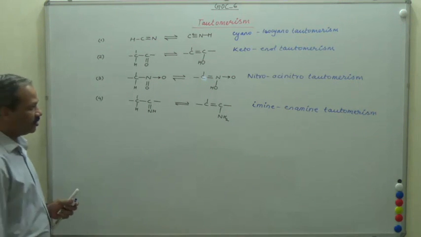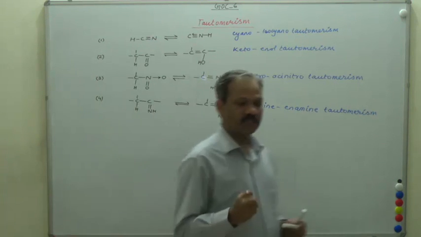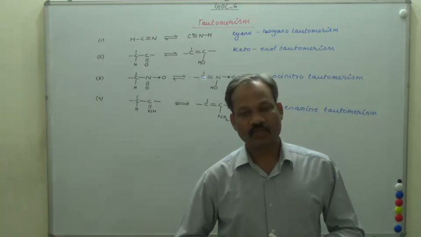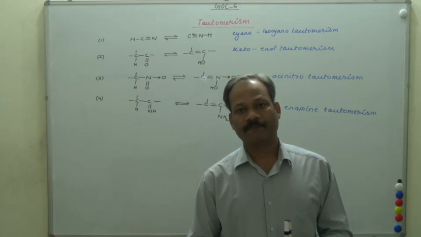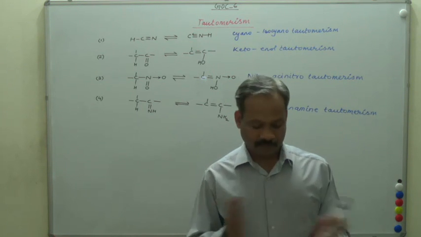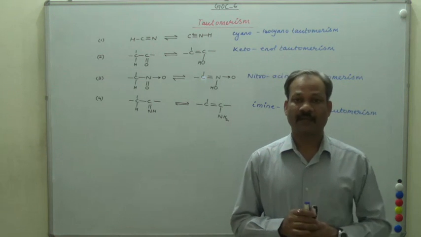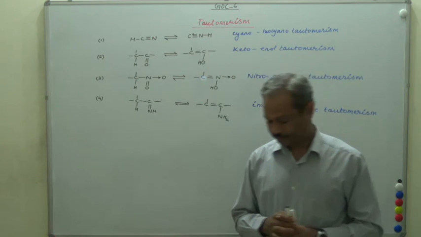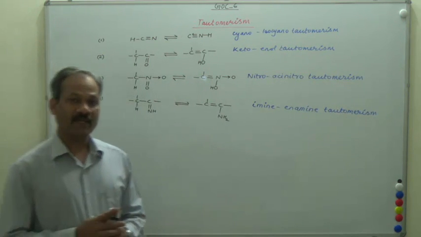Imine and enamine tautomerism. So basically tautomerism is a special type of functional group isomerism in which two functional group isomers are in dynamic equilibrium, and these functional group isomers which are in dynamic equilibrium are called as tautomers, and these tautomers are self-interconvertible.